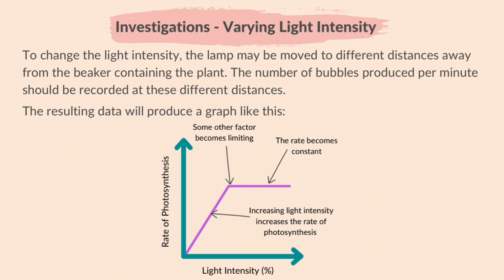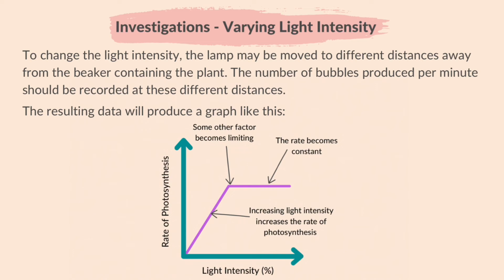So initially, increasing light intensity increases the rate of photosynthesis until some other factor becomes limiting, after which the rate becomes constant. Without enough light, a plant cannot photosynthesize very quickly, even if there's plenty of water and carbon dioxide. Increasing the light intensity will boost the rate of photosynthesis.